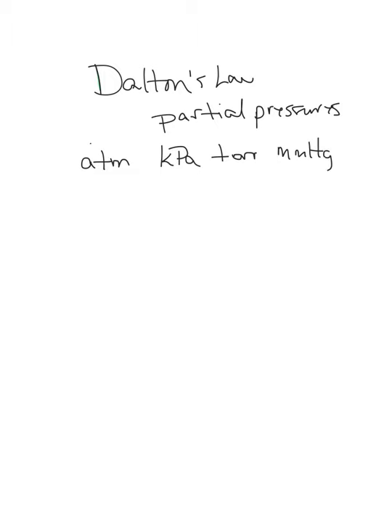Why does pressure have all these different units? Well, it depends on what the scientist is using to measure the pressure. For our purposes, we're going to stick to ATM, but you do need to understand that there are different units for pressure, and it has to do with there being different tools to measure pressure.